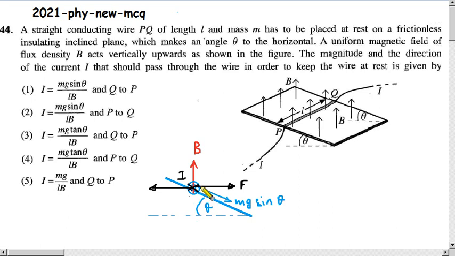But we don't know whether the force is to the left or right. Force is equal to BIL, the equation BIL, when there is a current I and a magnetic flux density B.